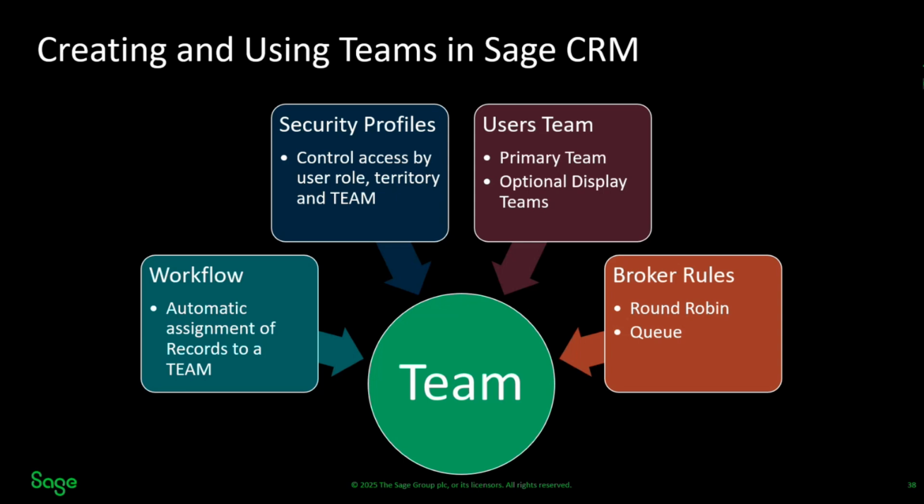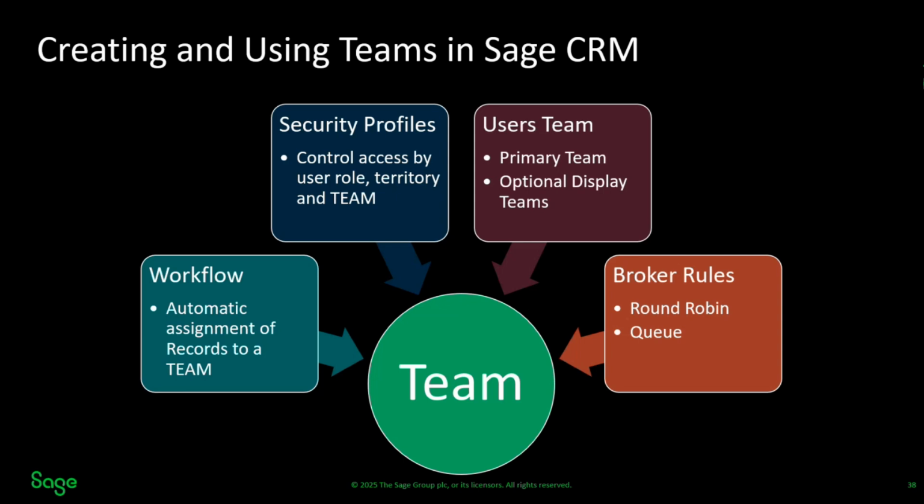In summarizing these key areas, we have to understand that the teams represent the functional groupings within a company or an organization. The users can belong to a single primary team, but they may be associated with multiple display teams.